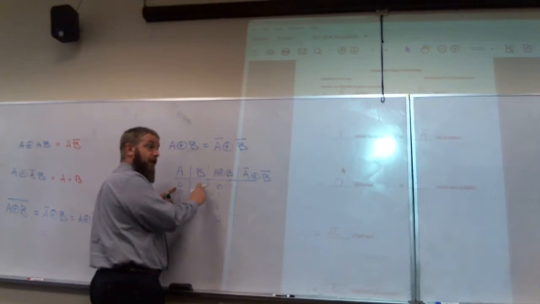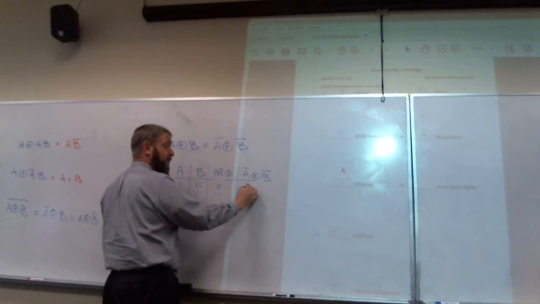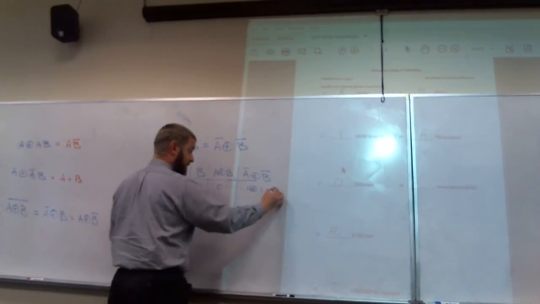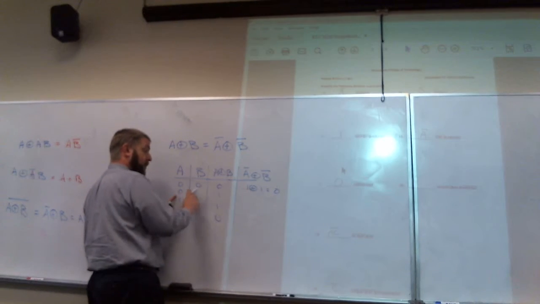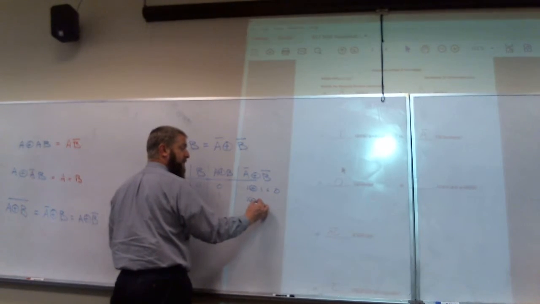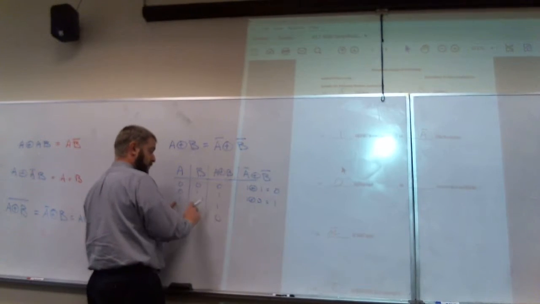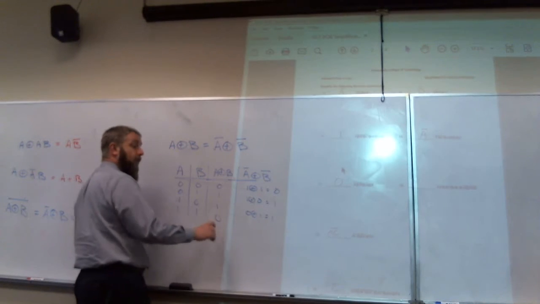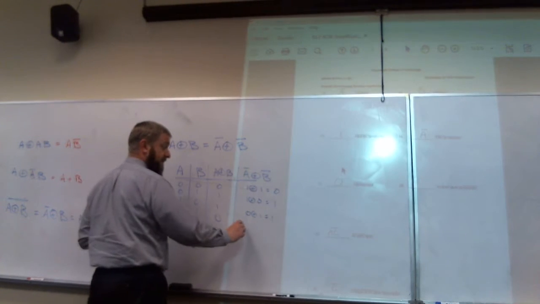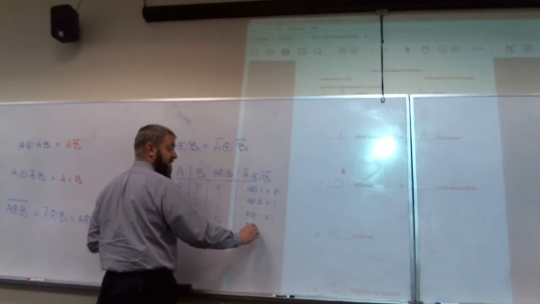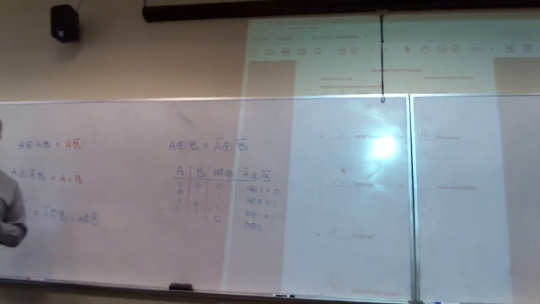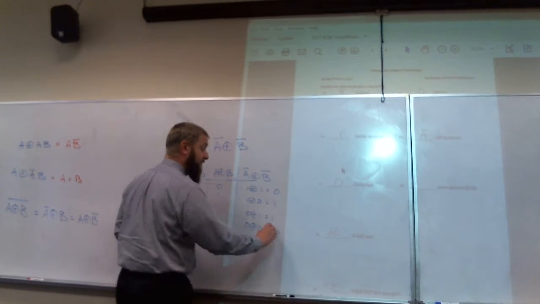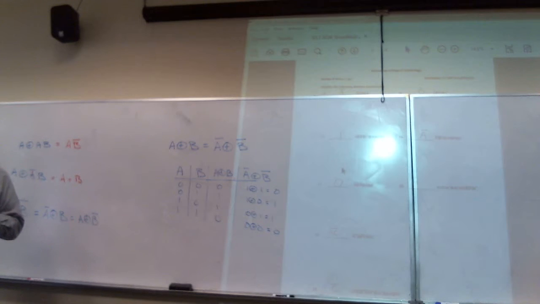Your 0, 0 in this case becomes 1 XOR 1, therefore false. Your 0, 1 becomes a 1 XOR 0, true. 1, 0 becomes 0, 1, true. And your 1, 1 becomes a 0 XOR 0, which is 0. Okay? So those are the same.